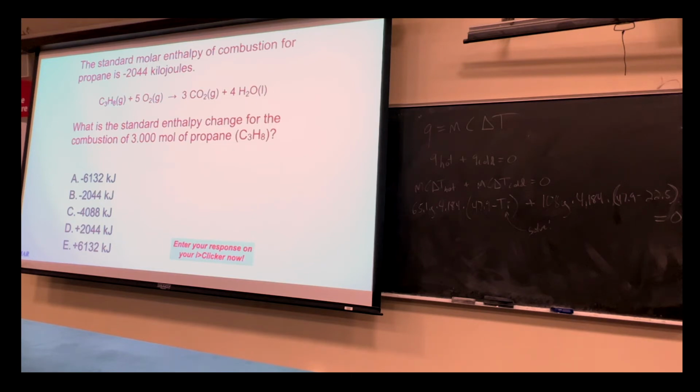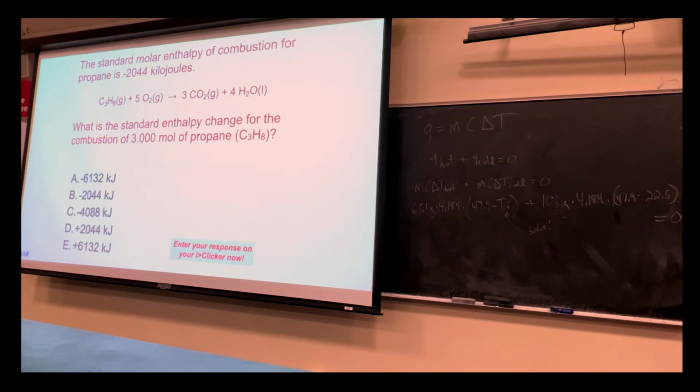This number is per reaction, and in the reaction, 1 mole of propane is creating this much energy. I'm getting that because there's that invisible 1 right there. If there had been a 2 there, it would have been this number divided by 2. It would be this number divided by 5 if you're interested in oxygen, but people usually aren't interested in oxygen.